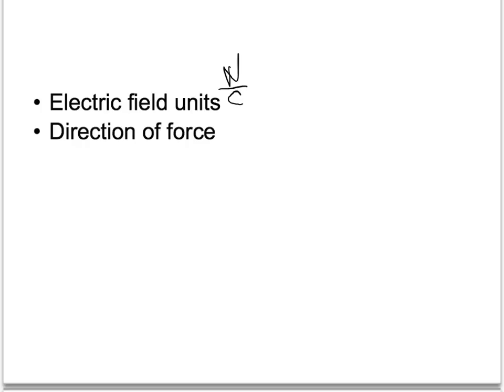So if I have a negative charge, like an electron, and then I put a proton next to it, the force will point toward the electron. If I have a negative charge and I put an electron next to it, the force will point away from the negative charge because opposites attract and like charges repel. So the direction of the force is the way that the test particle you put in wants to move.